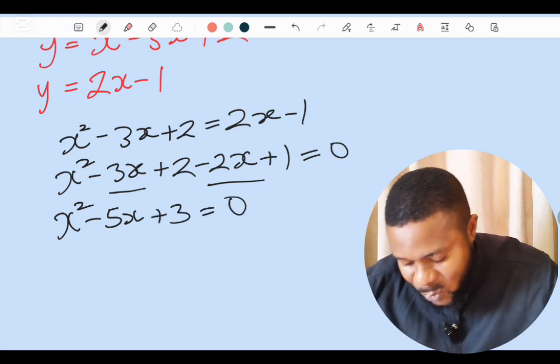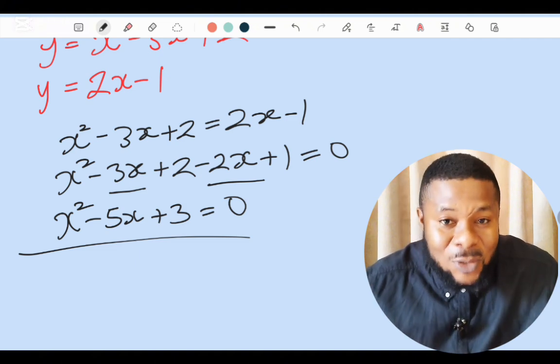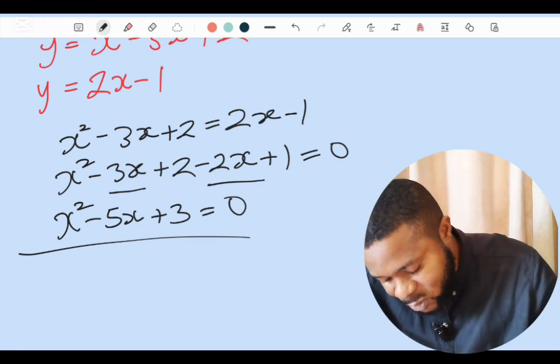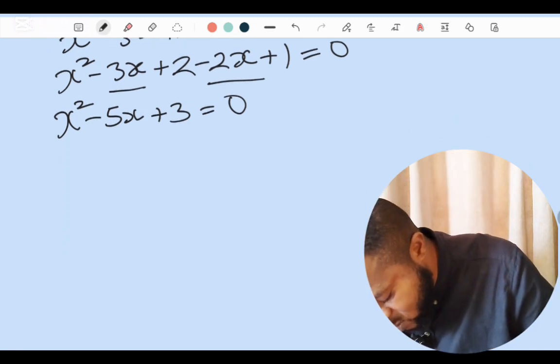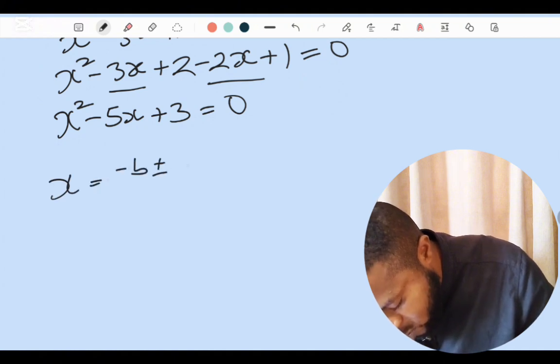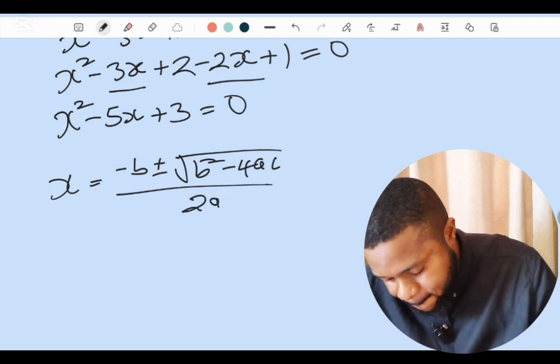So both equations have become one and they formed a single quadratic equation, which we are going to solve using the quadratic formula, which is x is equal to minus b plus or minus square root of b squared minus 4ac, all over 2a.